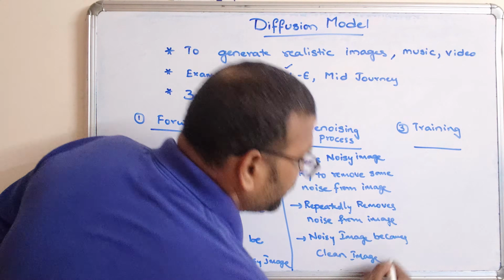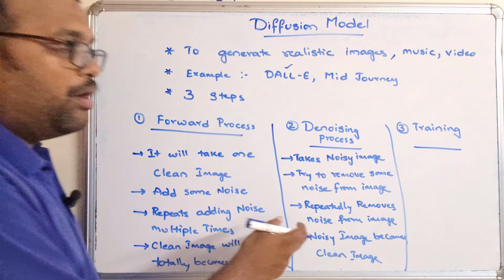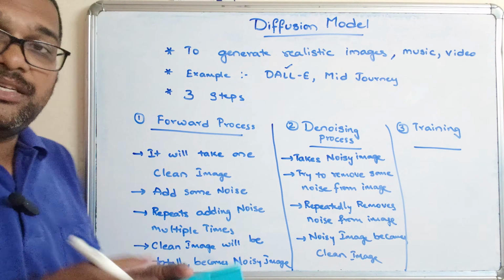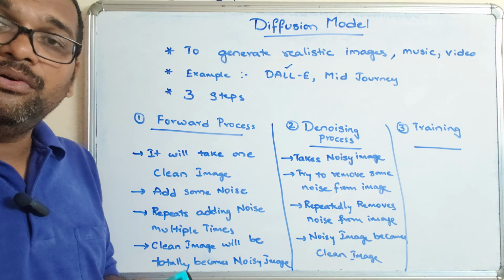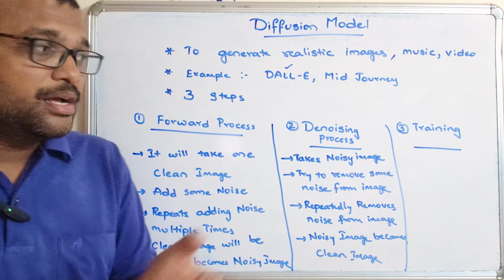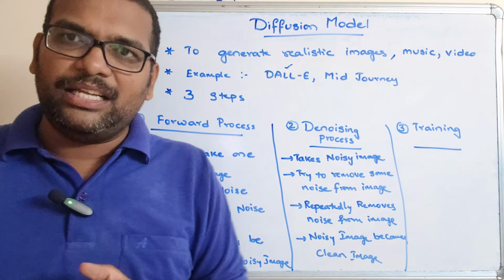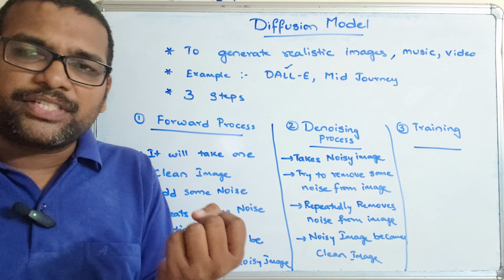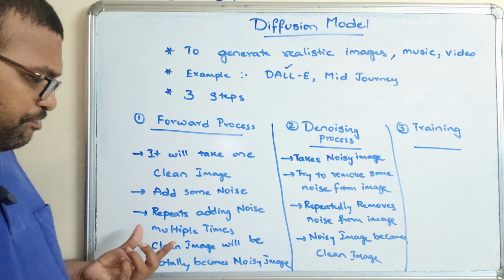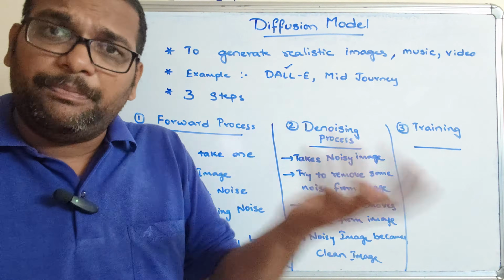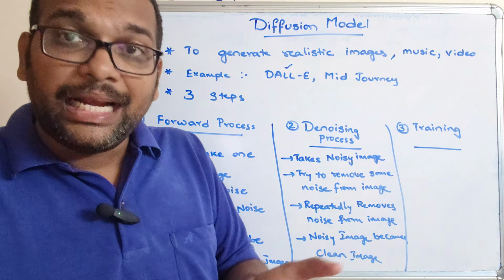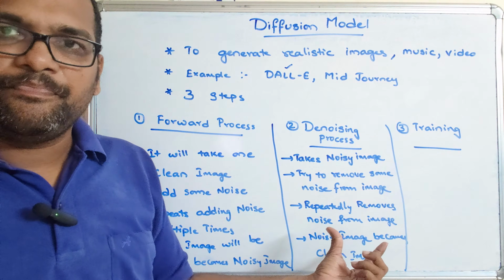This is called the reverse process. Forward process means taking the clean image and converting it to a noisy image. The denoising process, the reverse process, takes the completely noisy image and slowly removes the noise, and after thousands of repetitions the noisy image becomes a realistic, clean image.